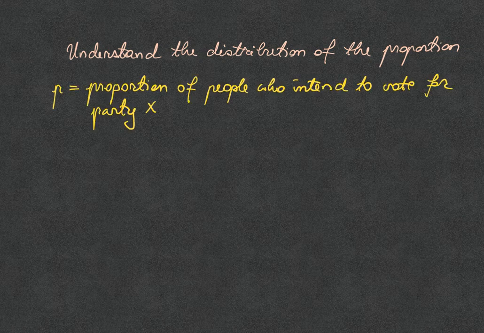To estimate the proportion of voters who intend to vote for party X, we take a random sample of n voters, and this is the sample size. And we ask them who intends to vote for party X. Let us assume we take 5,000 voters.